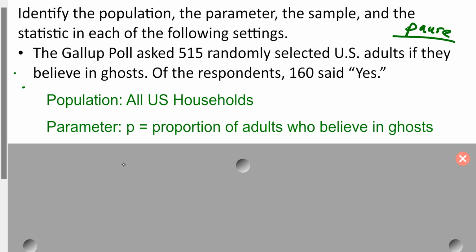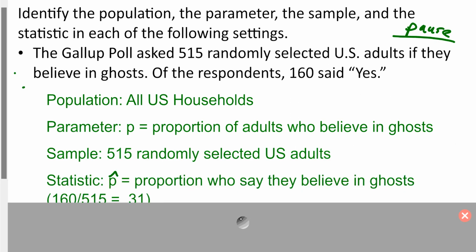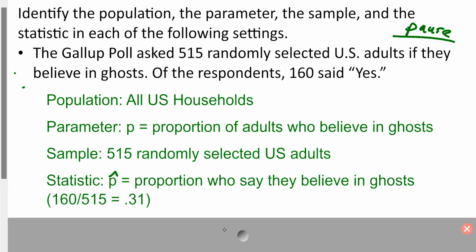It would be the 160. Actually, no, it'd be the 515. Only 160 said yes. So it's the 515 randomly selected U.S. adults. And along with that comes a statistic. In this case, it's p hat, because it's the proportion who say they believe in ghosts, which ends up being 0.31. So it's p hat that estimates the parameter.